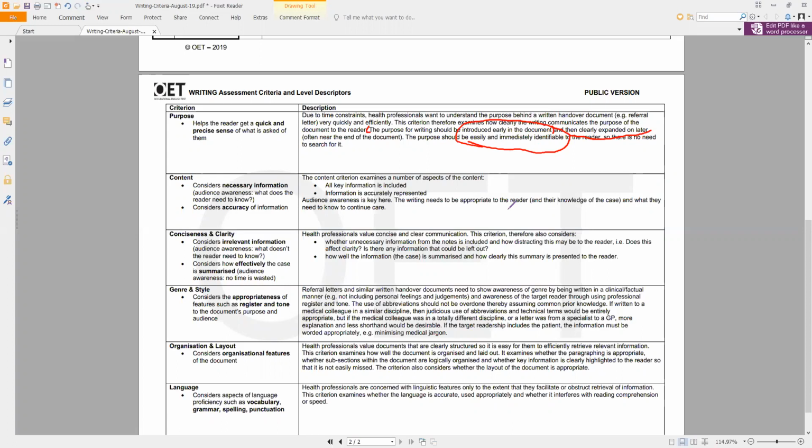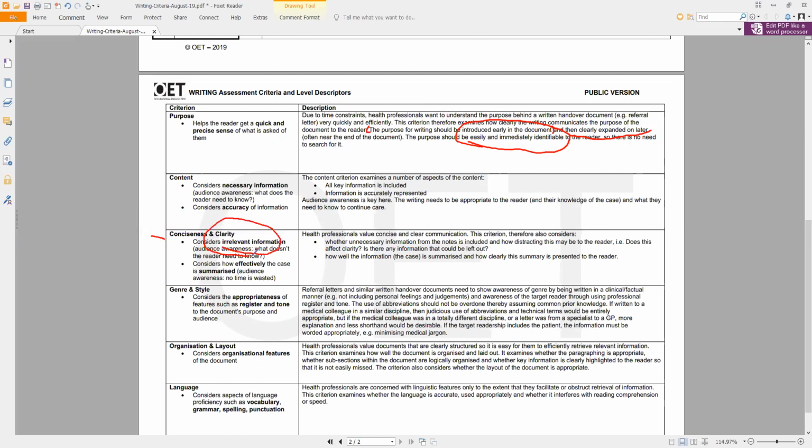I want you to do X, Y, Z, and then you are creating a narrative to tell me why you want me to do X, Y, Z. Okay, so that's the main point that I want to make there about the purpose. I'll just quickly mention conciseness and clarity.